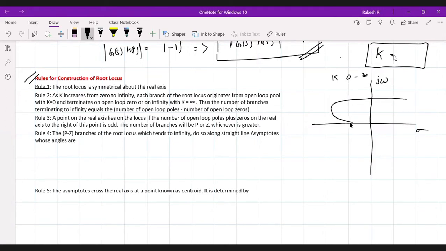That means the other path will be the mirror image about the real axis. That means it is symmetric about the real axis. This is what rule number 1 says.